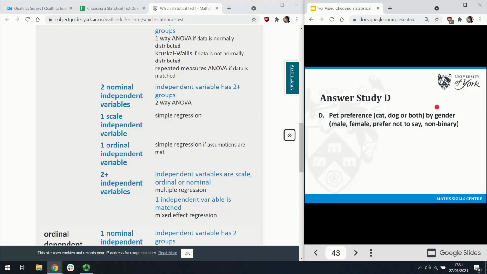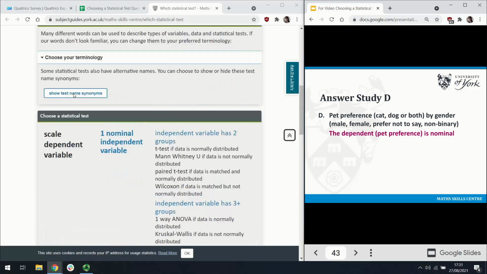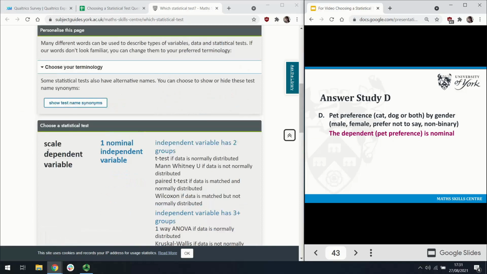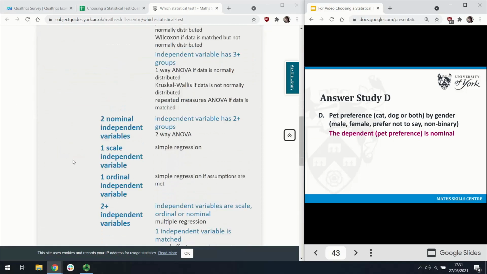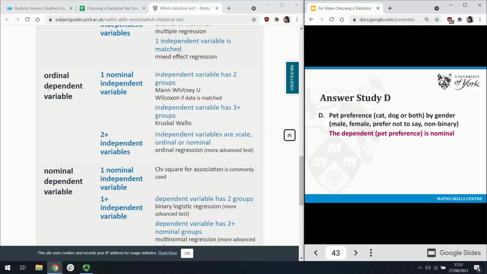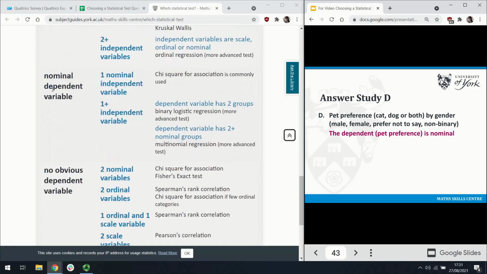Okay, so pet preference by gender. If we were investigating this, we'd have to think about the fact that the dependent variable, the pet preference, is nominal. So we're not here this time because that's for a scale dependent variable. This is for ordinal dependent variables, but this is for nominal dependent variables. So we're somewhere in this grayed out box.